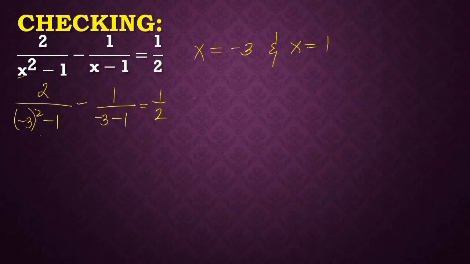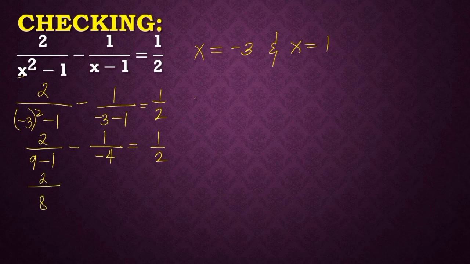Next, 2 all over negative 3 squared, that is 9 minus 1, and then minus 1 all over negative 3 minus 1, that is negative 4, equals 1 half. So, ang gagawin natin next na to, 2 over 9 minus 1, that is 8.